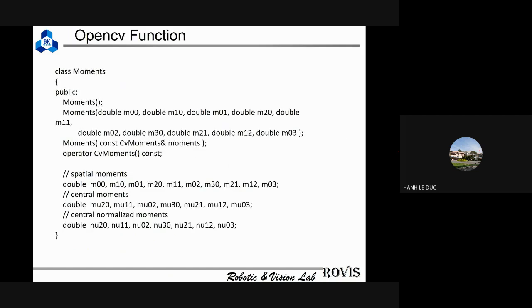This is the result of the function. They will give you the moments M00, M10, M01 here, and also from this one you can calculate the mu bar 10, or mu bar 20.